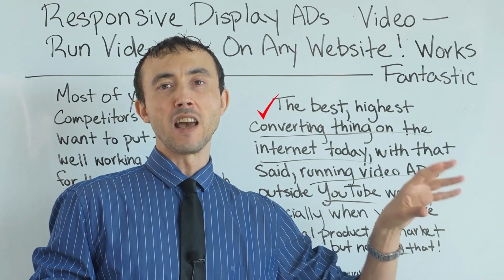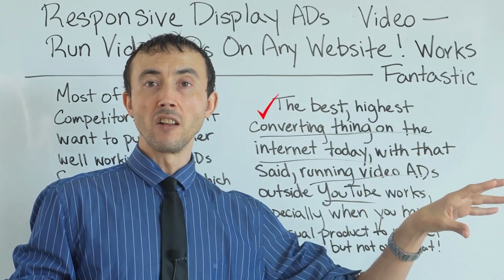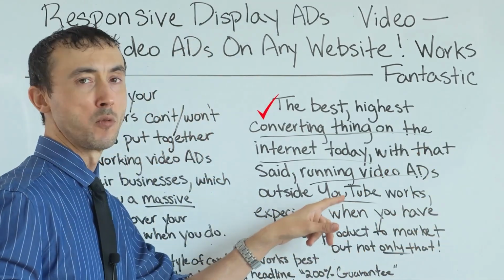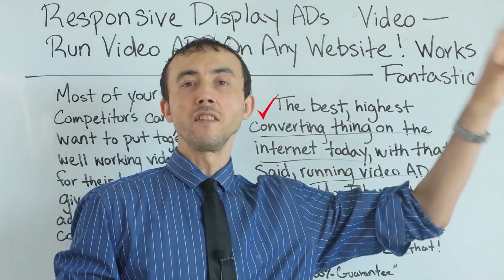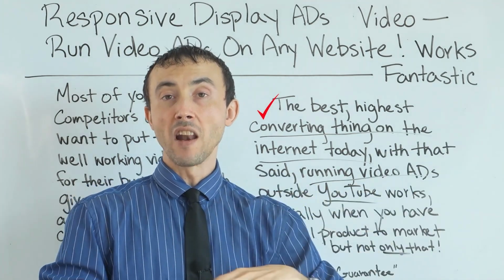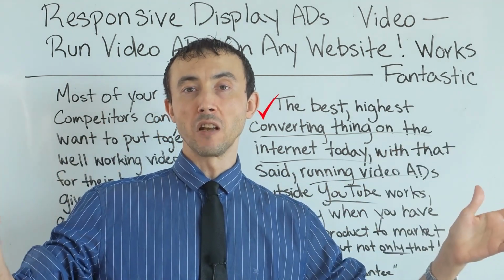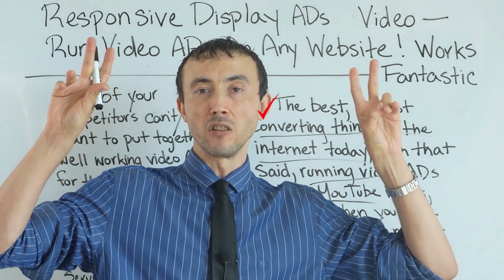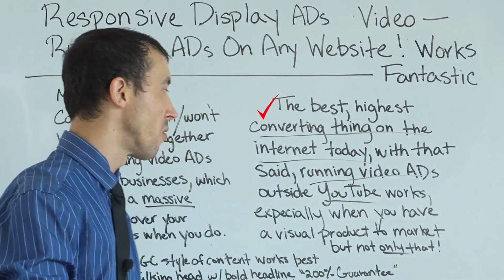So obviously, naturally, you're going to have the highest level of engagement and response from your audience doing video advertising there. But you can greatly multiply how much you can make from any video ad by running it outside of YouTube, because there's so many more opportunities to get in front of somebody and add impressions, if you will, or the number of times the video ad can get seen or shown.